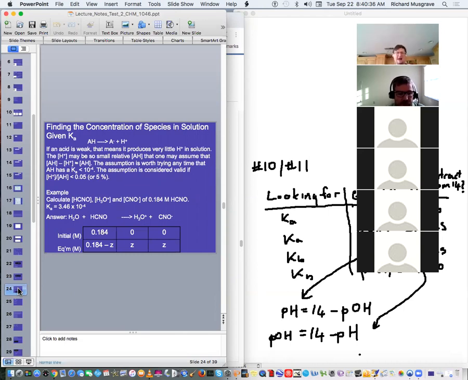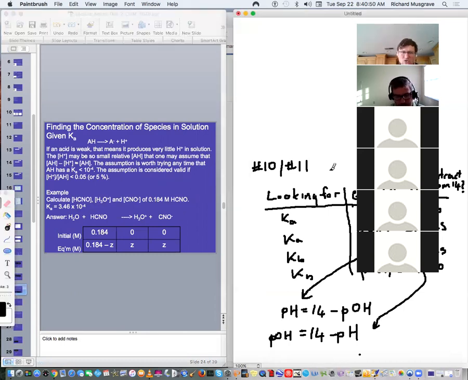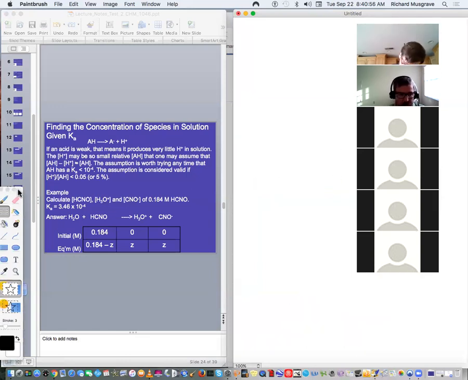The example I'm giving you here says calculate HCNO, H3O plus, and CNO minus from a solution of 0.184 molar HCNO. So I'll just do it as I have it here. So we've got H2O plus HCNO.